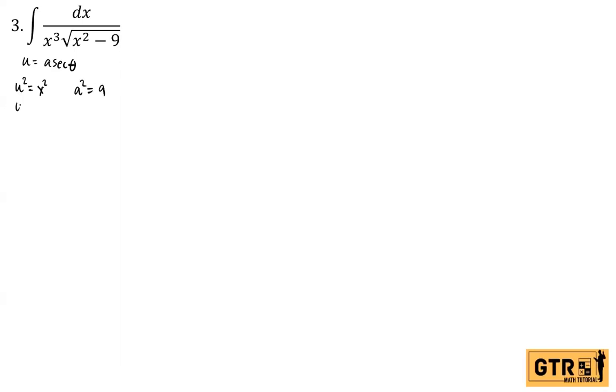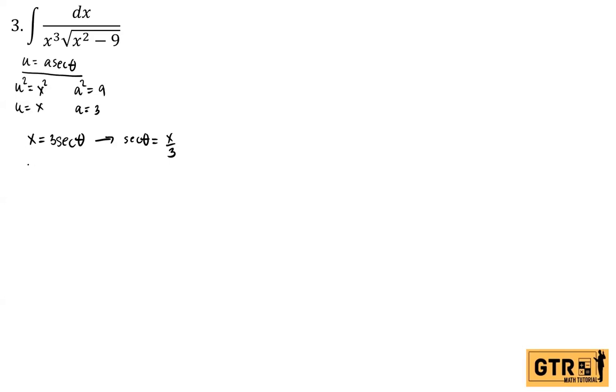So the value of u is x and the value of a is square root of 9, that is 3. So x equals 3 secant theta. If x is equal to 3 secant theta, we just divide both sides by 3. Therefore, the value of secant theta is x over 3.